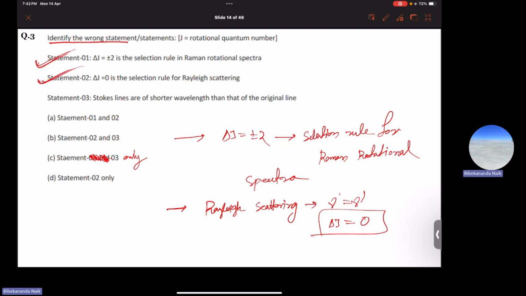Now statement 3 says Stokes lines are of shorter wavelength than that of the original line.